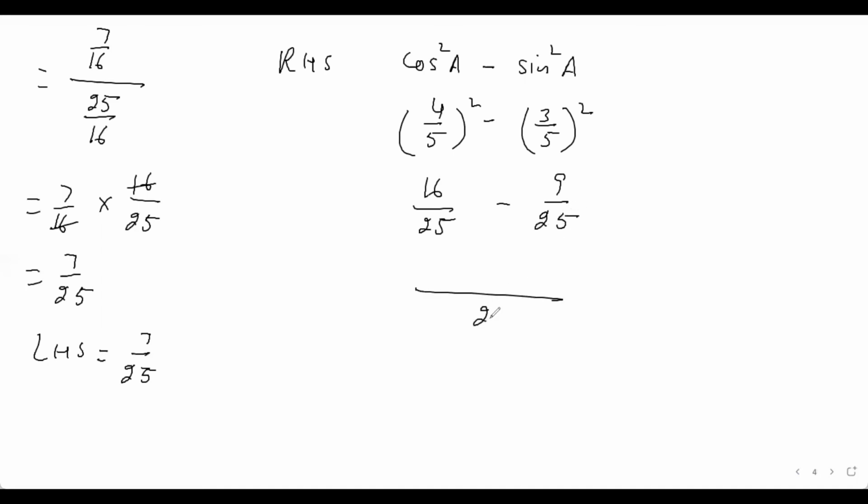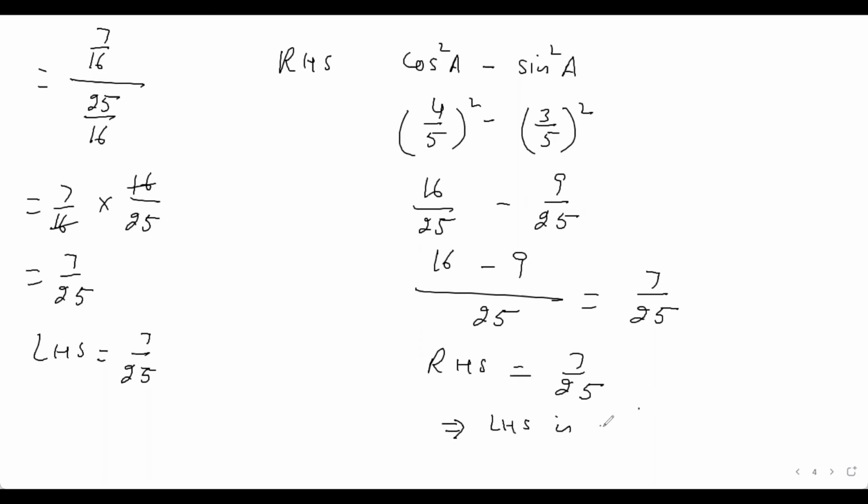It means 25 is the LCM, 16 minus 9, that is 7 by 25. So, sorry, this is right hand side. So right hand side is 7 by 25. It implies left hand side is equal to right hand side.